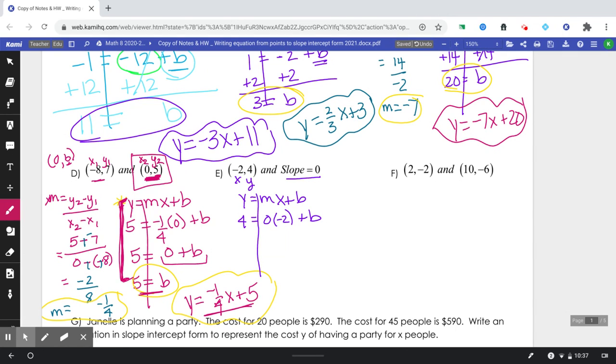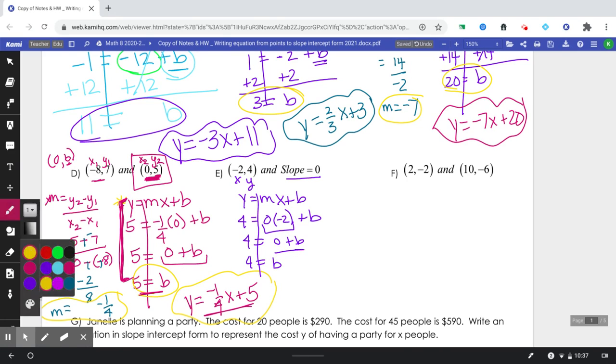Let's put up our wall. We're going to simplify. 0 times -2 is 0. Bring down the plus b. Bring down our 4. Now here again, just like the last one, 0 plus b just equals b. So I know that my b is 4.